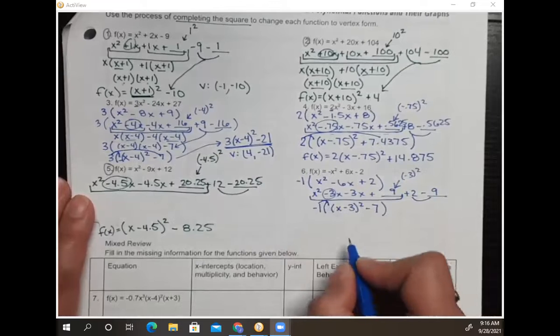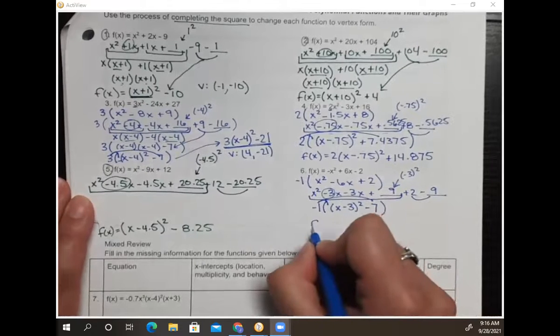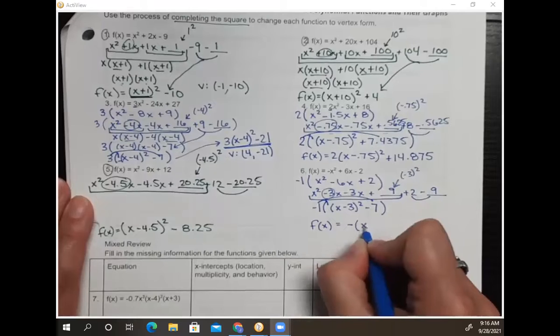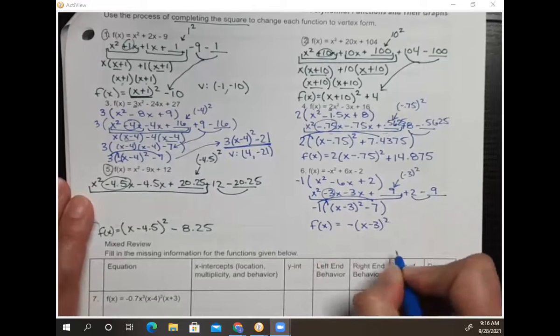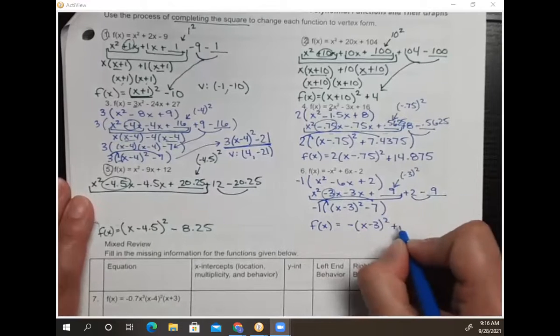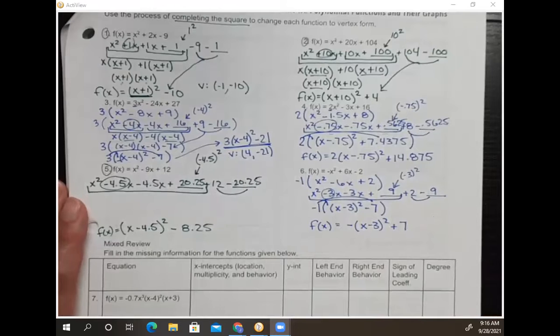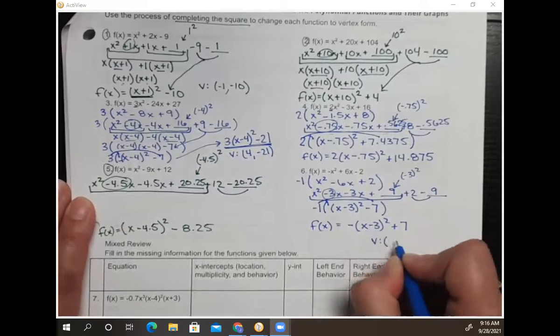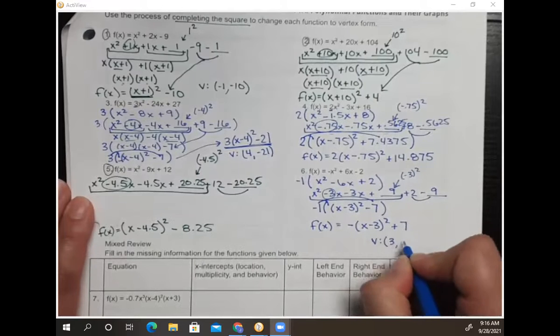So we're going to distribute in this -1. And our vertex form for our function would be -x minus 3 squared. And then -1 times -7 would be +7. So there's my vertex form. And my vertex from here would be +3, +7.